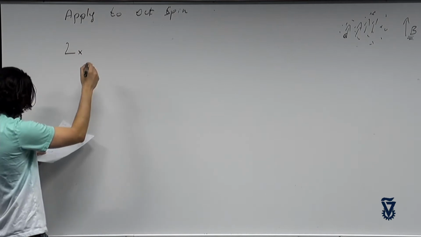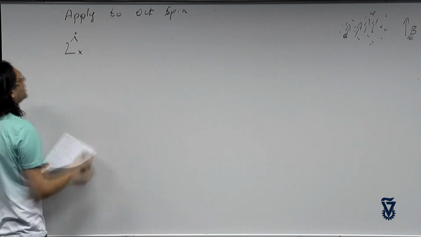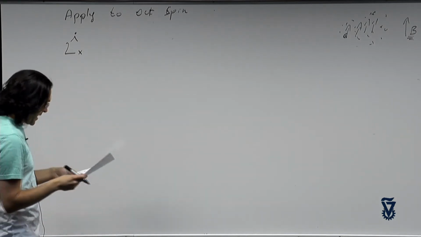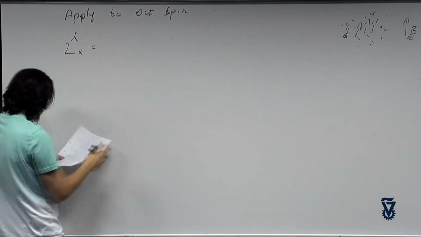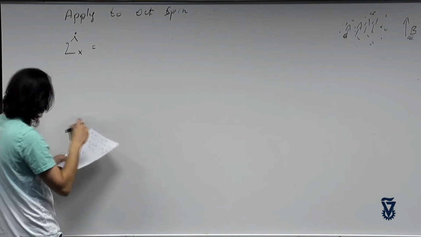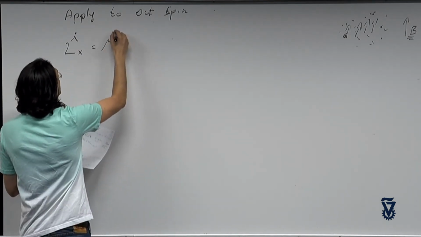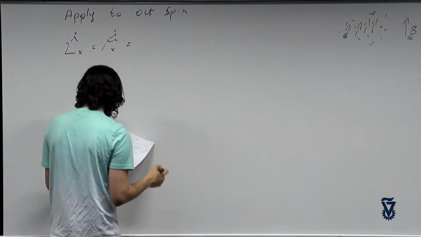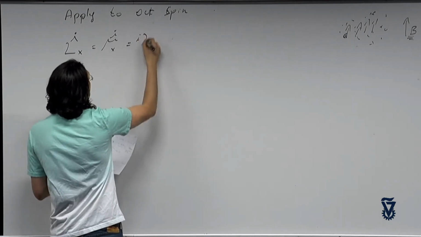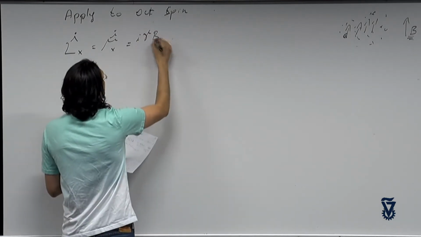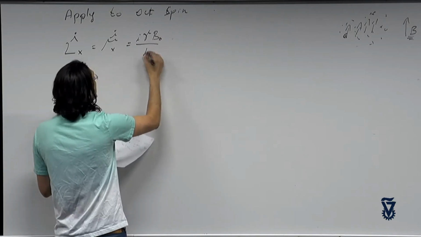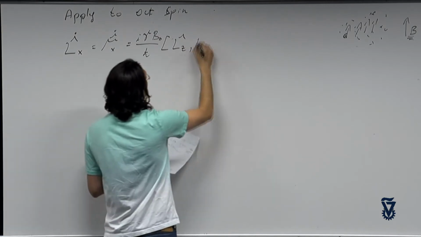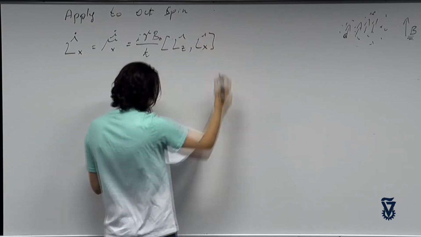And I'm just going to write the equation for the x component of our angular momentum, which just equals mu dot x, which if we now just plug into the equation of motion, we'll just get i gamma b naught over h bar, LZ commutator with Lx.